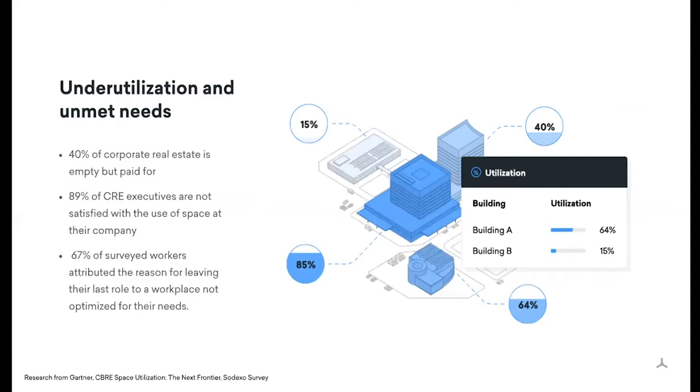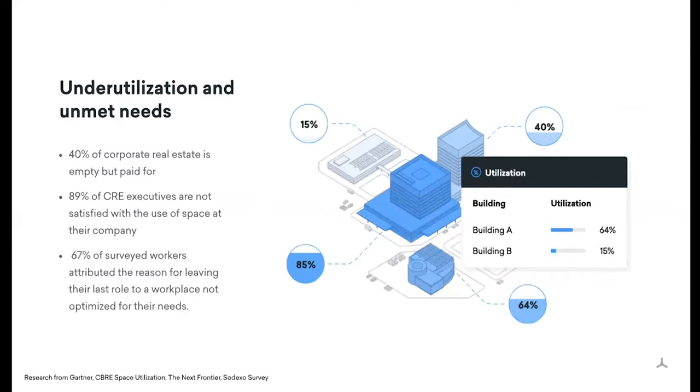And CRE execs are not happy with how they're using space at the company. They may have rooms designed for certain things that are being used in different ways than intended. And employees are caring more about the employee experience and workplace than ever. It's a strategic advantage, but they're also leaving if it doesn't meet their needs.